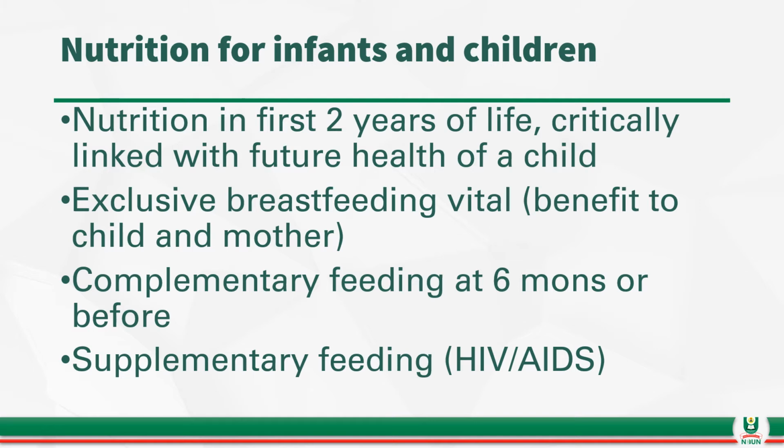Such a child will have growth and development ensured in the future. Now, exclusive breastfeeding is one area that is very key. It has benefits to the child and to the mother as well at such early stage. So it is encouraged that every child should be exclusively breastfed, except where otherwise indicated.